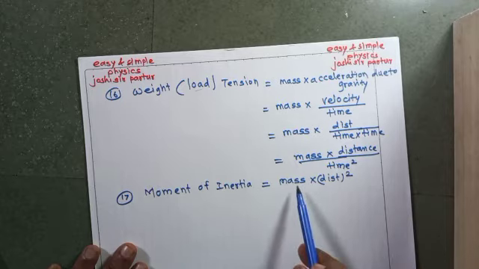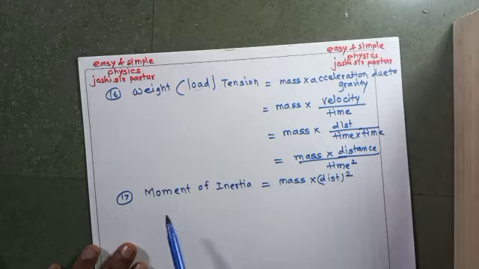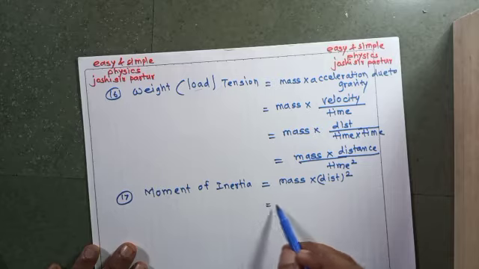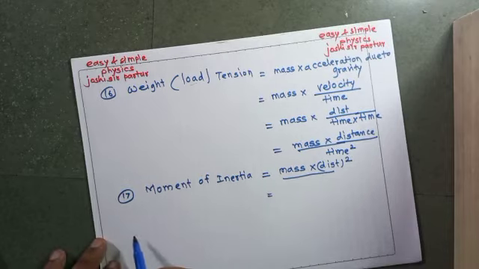The product of mass and square of distance from the axis of rotation is called the moment of inertia of that body. So here the formula is similar: mass into distance square, in terms of mass, length and time of different physical quantities.